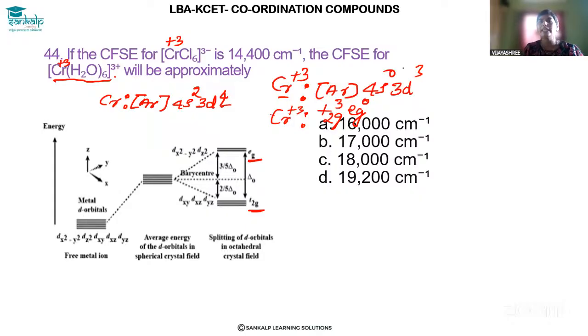Since it is a d3 configuration, 3 electrons will occupy the t2g orbitals.